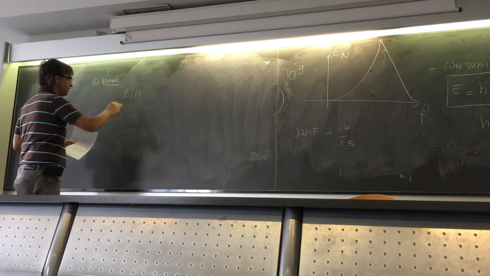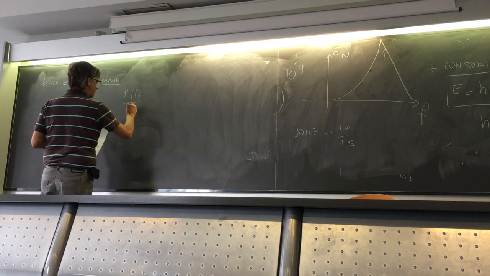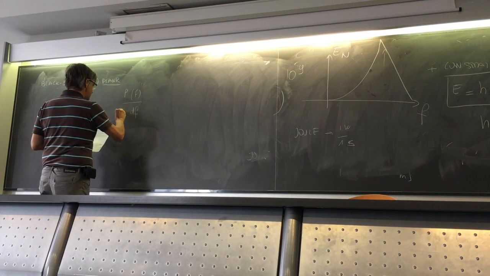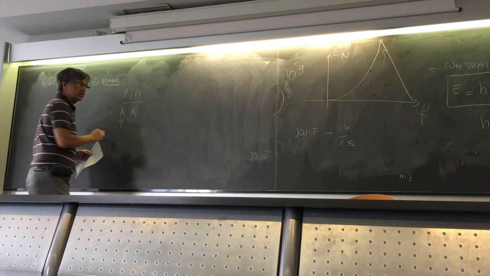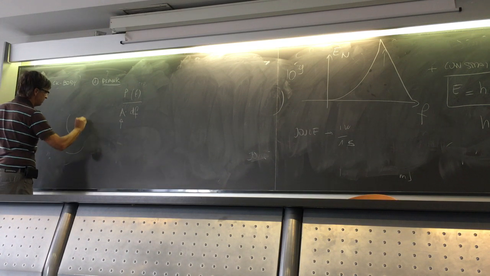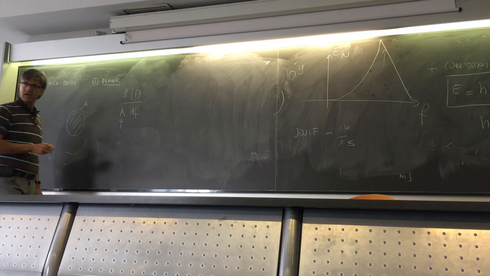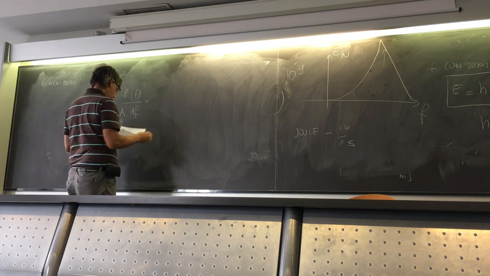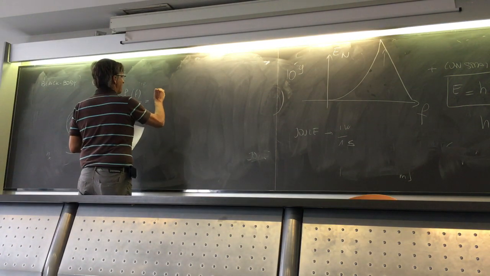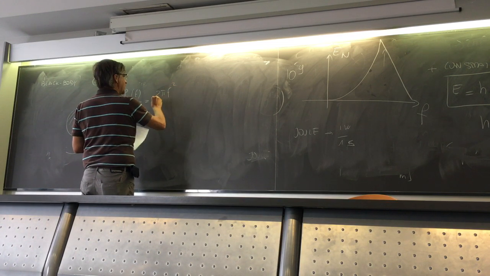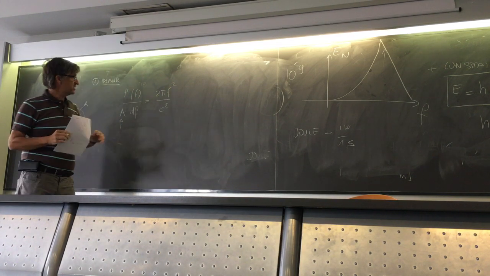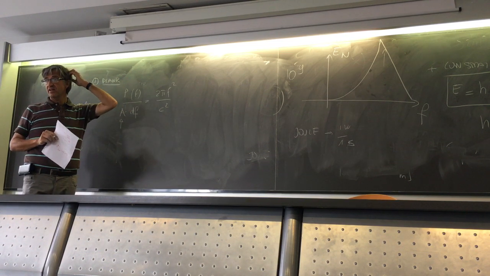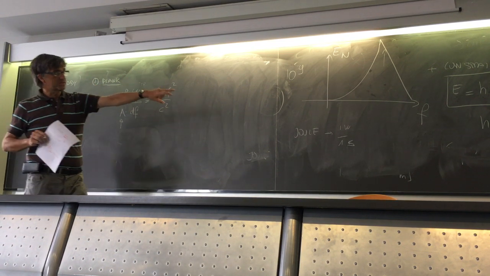It's a power that depends on the frequency divided by the frequency and divided by the surface, the total emitting surface. So you have the black body that has an emitter surface A, okay, and you say how much energy is generating if I look at some frequency. So this is 2 pi f squared divided by c squared. This is the immediate derivation of this law.